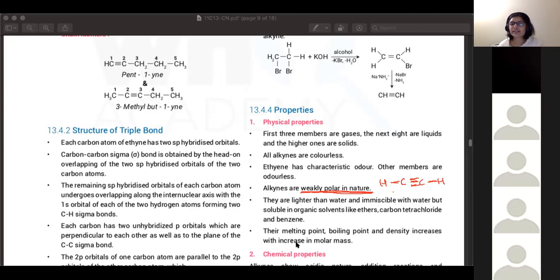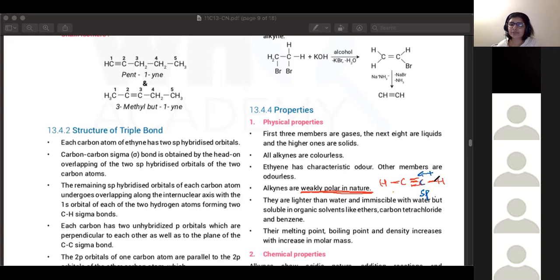What is the hybridization of carbon in alkynes? sp. Compared to sp2 and sp3, what can you say about the electronegativity of sp carbons? It is more electronegative. High electronegativity, right? So you got to the fact that there's going to be a dipole moment on this side.